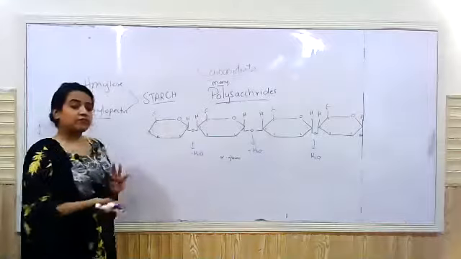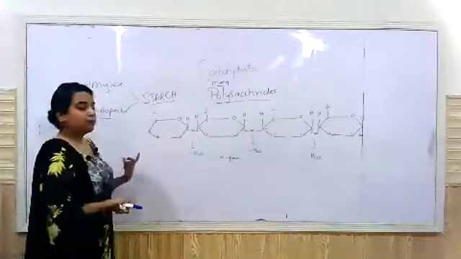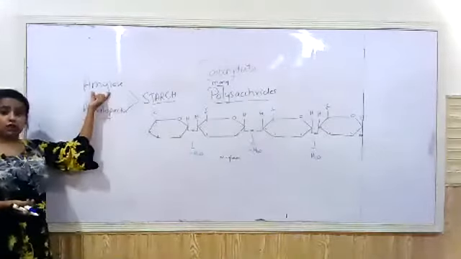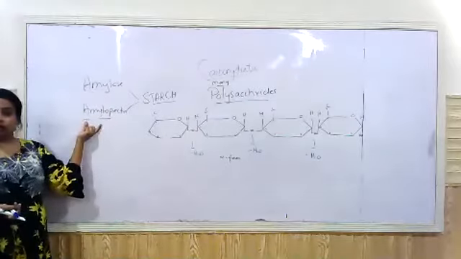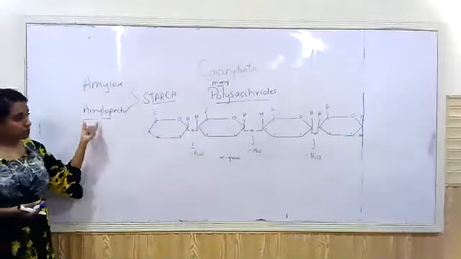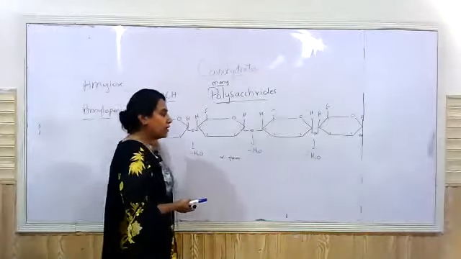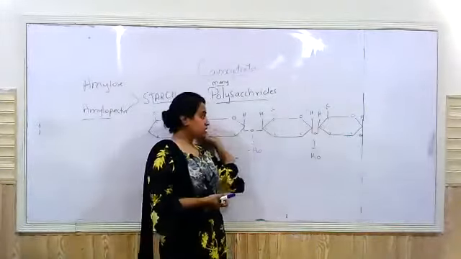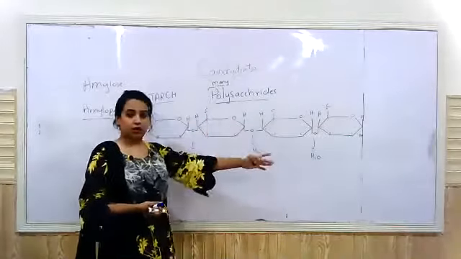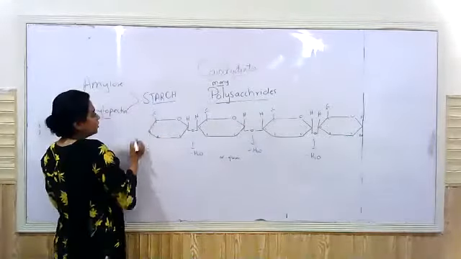We say that starch is a mixture of 2 types of linkages. The 2 linkages have 2 different names. A specific type of linkage is called amylose. The other type of linkage is called amylopectin. Now, what's amylose? When the glucose molecules join together only in a single line, in a single row, a straight file, we call this amylose.